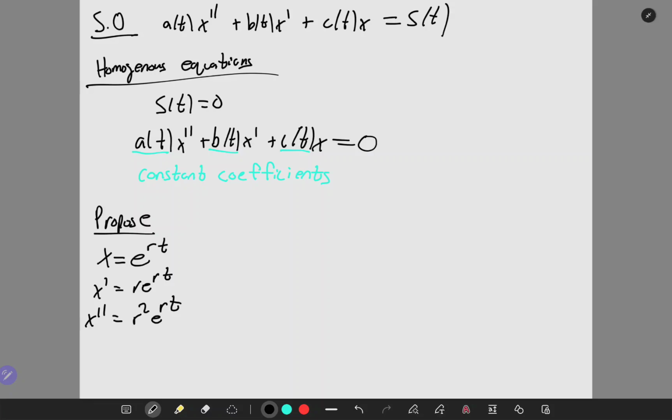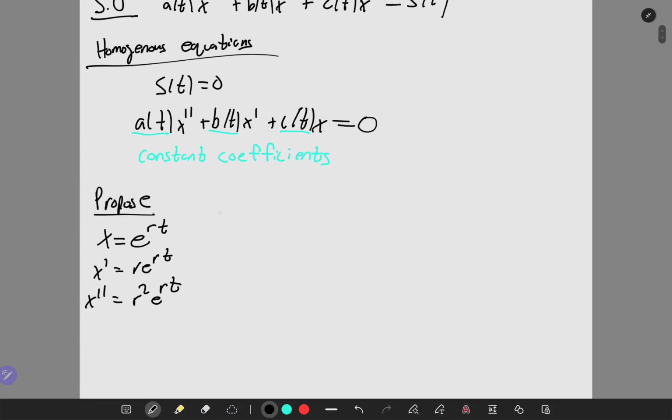So what we're going to do now is replace x double prime, x prime, and x back into our form here. I'm just going to call this a times x double prime plus b times x prime, which is r e to the rt, plus c times x, which is e to the rt. And of course, equals 0, because it's homogeneous.